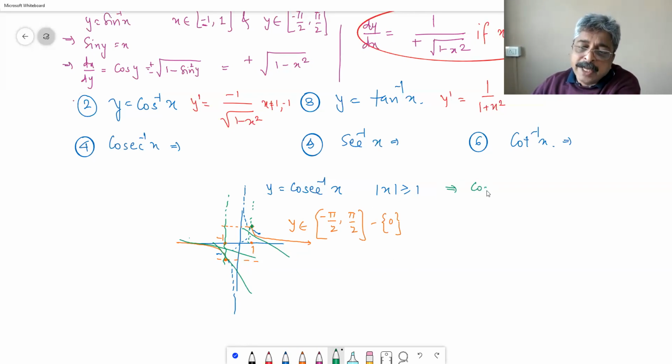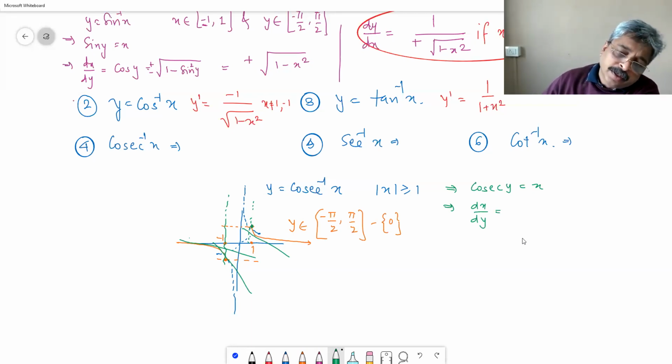So cosec y is equal to x. Therefore, dx by dy is equal to... You can do it in two different ways. I mean, let us do it in both ways.